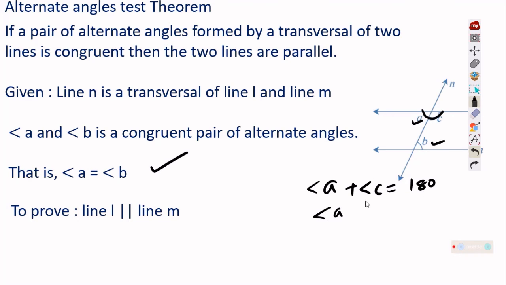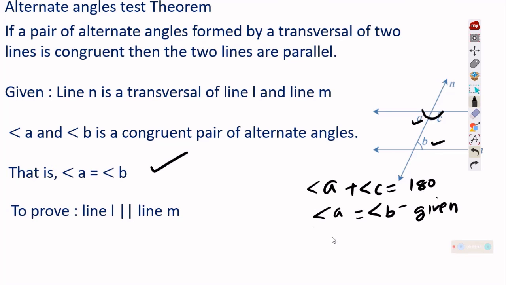Angle A is equal to angle B is given. That means if you add C with A, it is 180, and in that case A can be replaced by B.